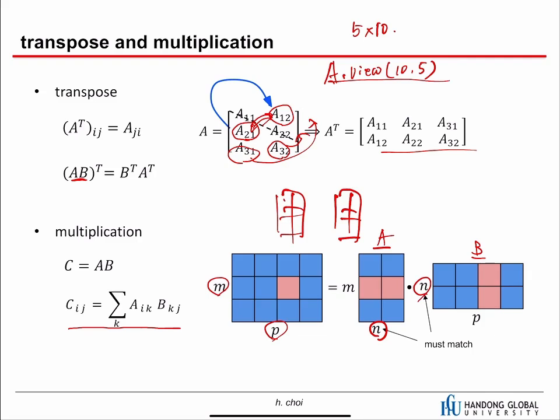In that case, we just multiply them, and the result matrix will have the same shape. This element is the multiplication of this element and this element, and this one is the multiplication of this one and this one. So it's just element-wise multiplication.